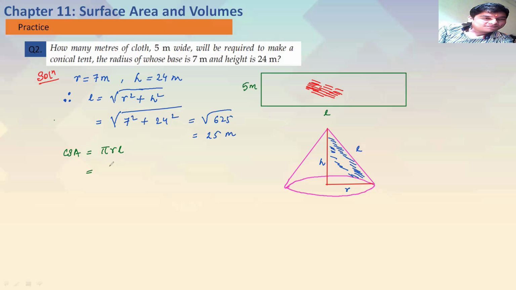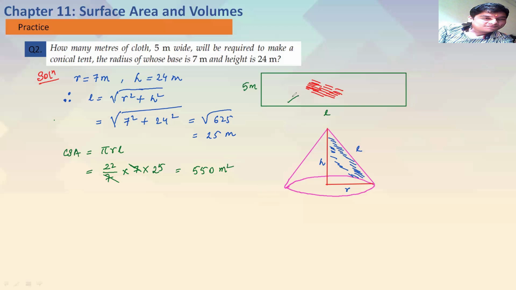Help me find it out. 22 by 7 into 7 into 25. So 7 and 7 get cancelled. So that's 22 into 25. Sir, I think I remember last time we did it, it was 550. Absolutely.